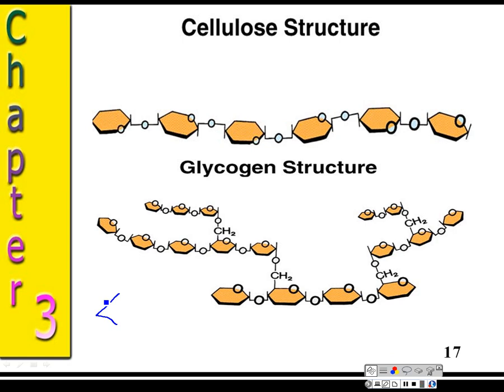Uh-oh. Golly. That's all right. We're going to make it work. What kind of glucose? Somebody told me earlier what kind. Alpha. The alpha male says alpha. So alpha glucose.